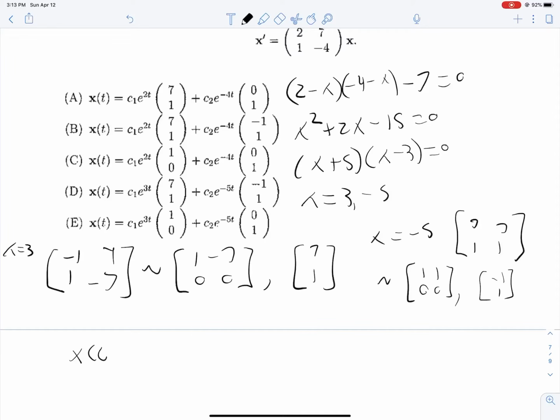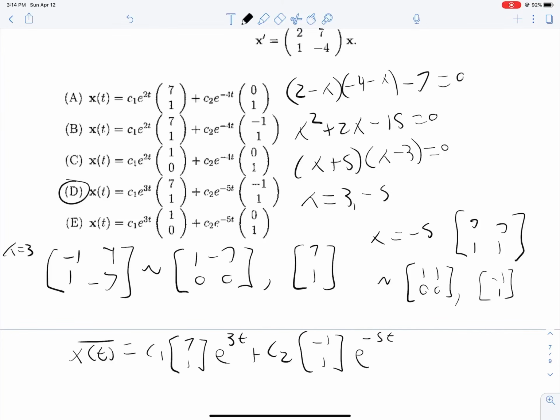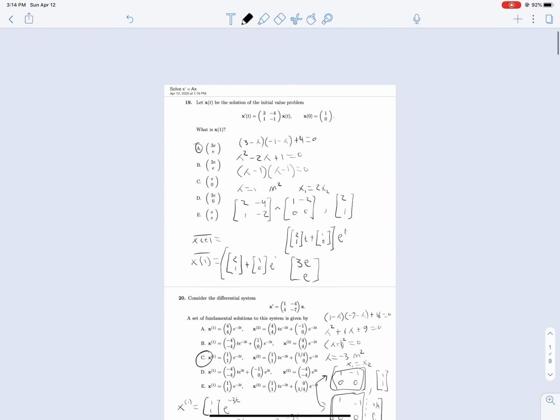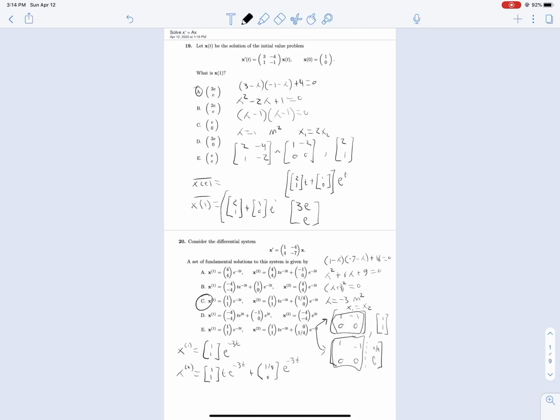We can say that x of t is equal to c1 v1 e to the lambda 1 t plus c2 v2 e to the lambda 2 t. And that should be one of our answer choices up here. Sorry, I'm a little tired. D matches that perfectly. Okay, yeah, we're done.